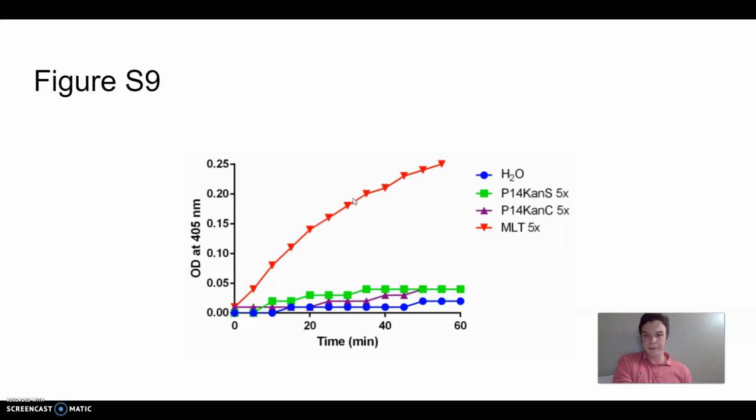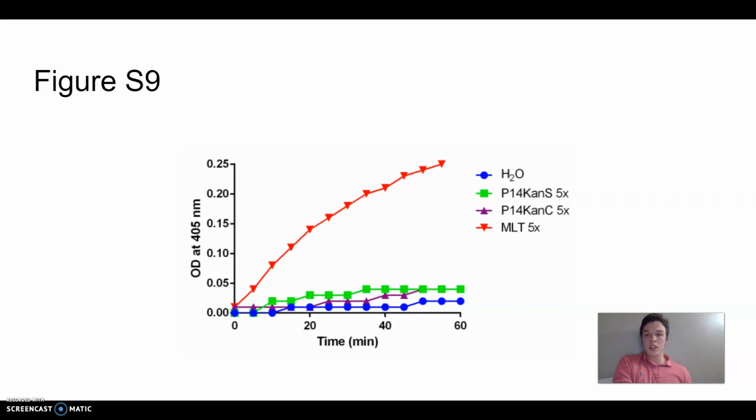MIC value. The x-axis just represents the time spent monitoring the beta-galactosidase activity. The beta-galactosidase activity itself was monitored by adding a beta-galactosidase substrate to the treated cells.